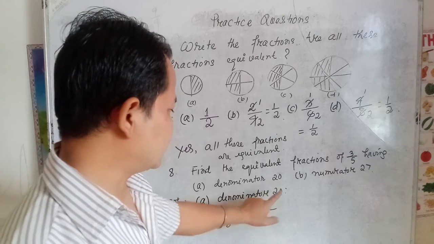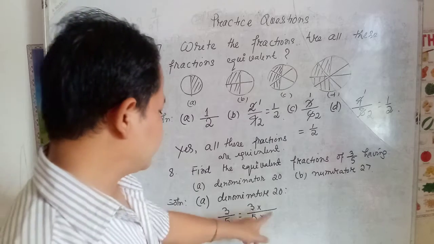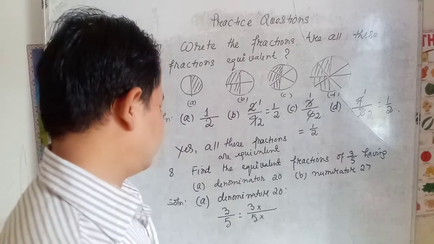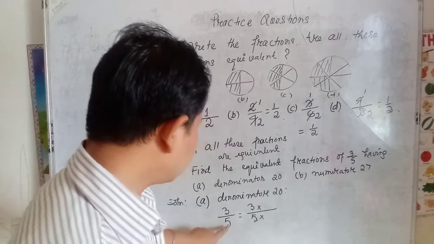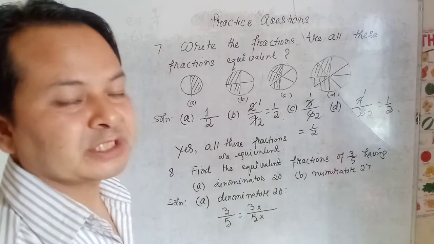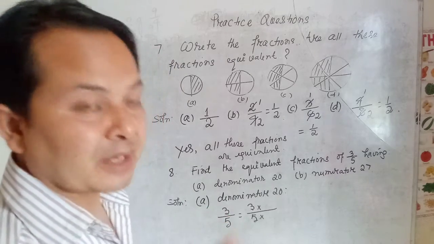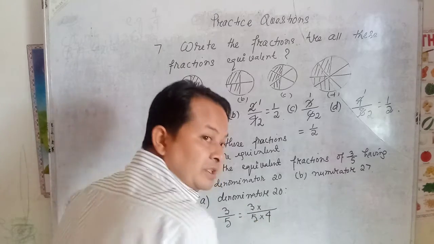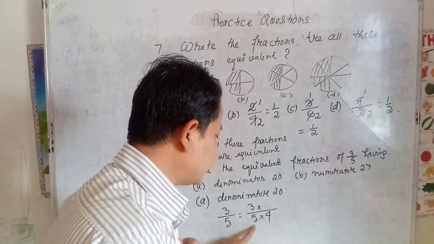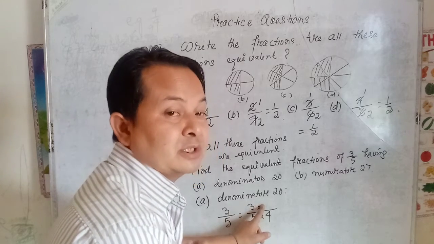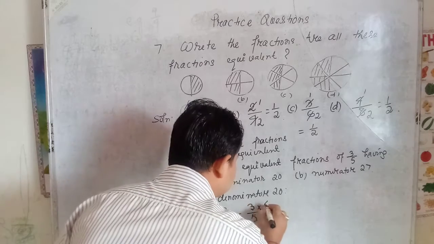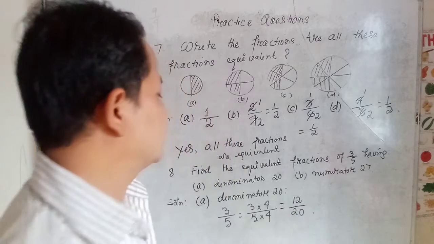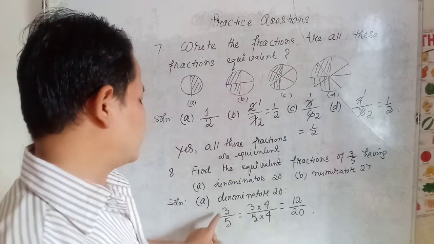To convert this denominator into 20, we have to multiply by a multiplier. That means we have to multiply it by 4, because 4 times 5 is 20. Since I multiplied the denominator, again I have to multiply the numerator by the same number, that is by 4. That is 4 times 3 is 12, 4 times 5 is 20. So this is another equivalent fraction of 3/5.